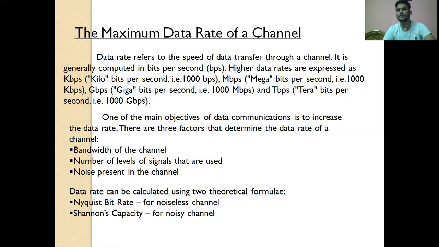The data rate refers to the speed of data transfer through a channel. It is generally computed in bits per second. How many bits are transmitted per second is called the maximum data rate. Higher data rates are expressed as kbps, that is 1000 bps, mbps, gbps, and tbps.